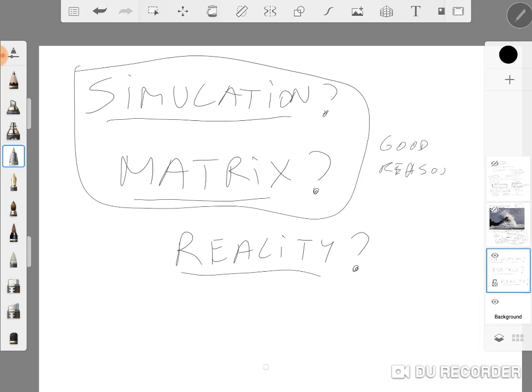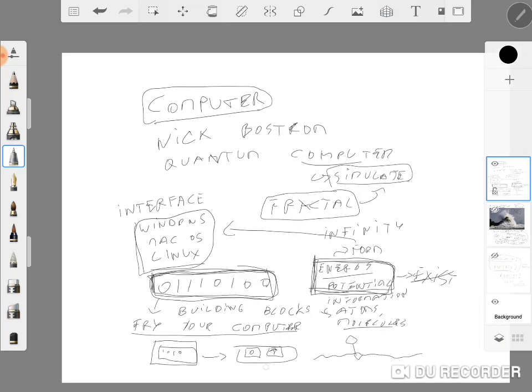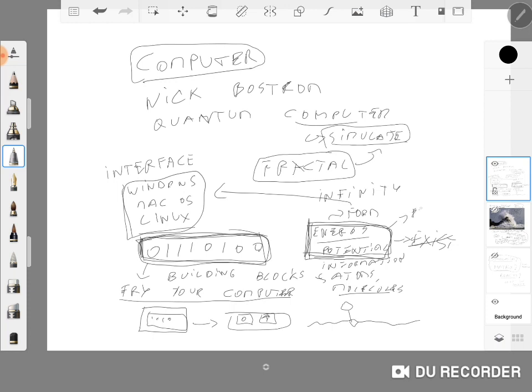It's kind of pointless to try to exit the simulation or matrix because you'd just be lost in infinity. And that's really important to understand. You'd be lost in pure energy, pure potential, pure everything, because you could actually give this any shape or form. It's infinity. So it can take any shape or form, just like with zeros and ones. You can build whatever you want to display on your screen. But is it going to be any more satisfying than what we have? That's really arguable.